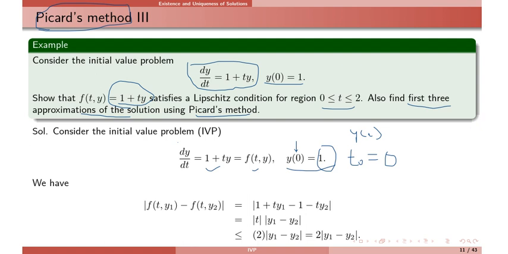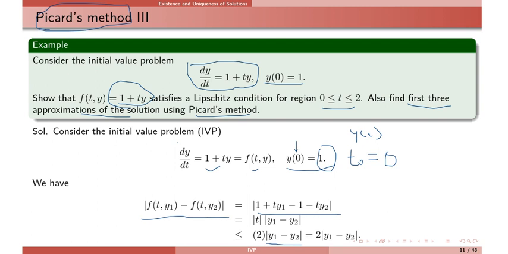So just check Lipschitz in the usual way, compute f(t,y1) minus f(t,y2) and relate this difference with y1 minus y2. And you can see that this f satisfies a Lipschitz condition. Okay, so that we did earlier.